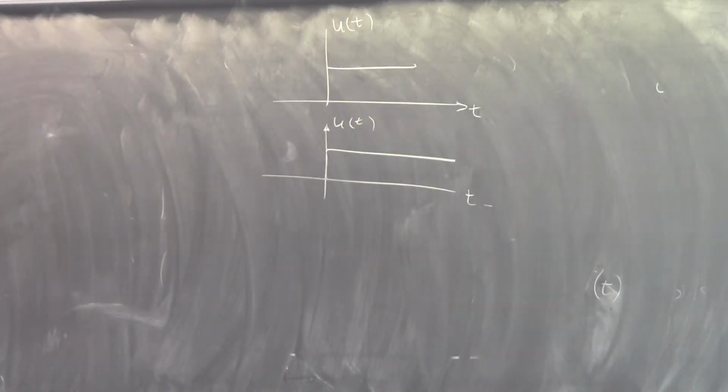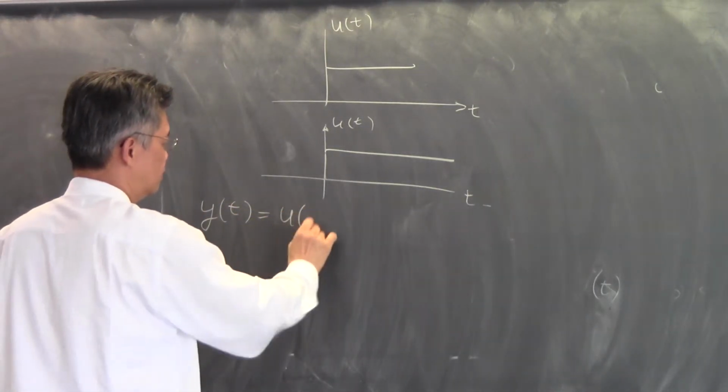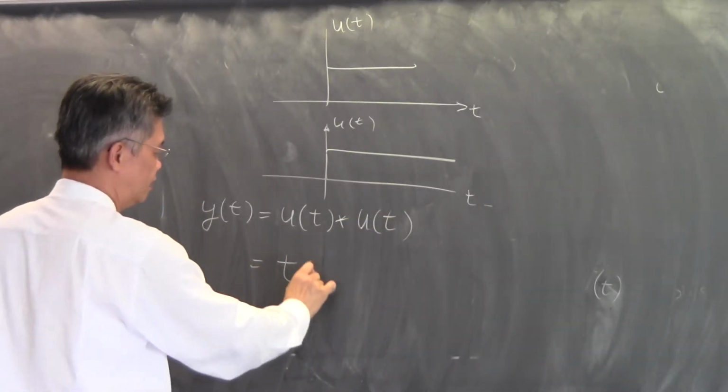You flip one of them around, mirror image, and then move them slowly across. When t is less than 0, there's no overlap between them. When t is larger than 0, you start to pick up an overlap. The overlap between them is always 1, because it's 1 times 1. So if you have u(t) convolving with u(t), it gives you t u(t).